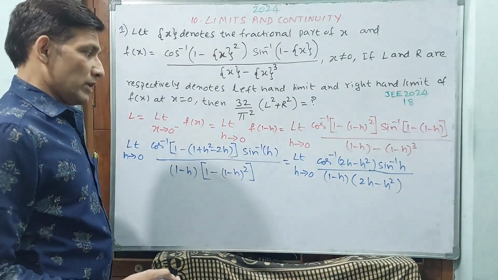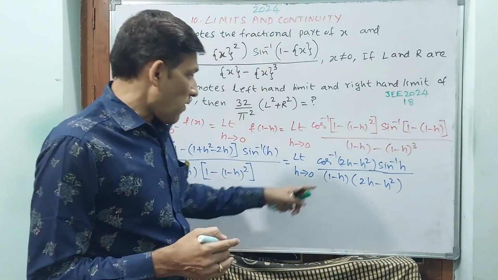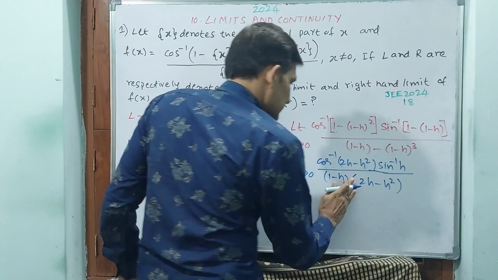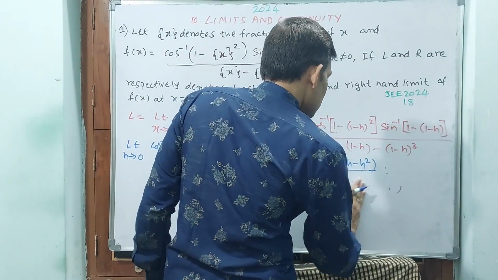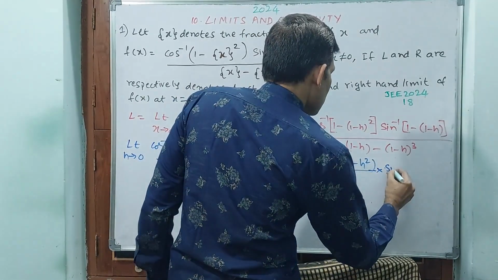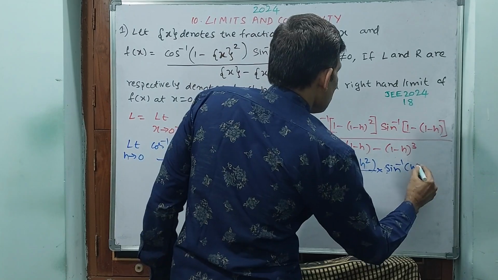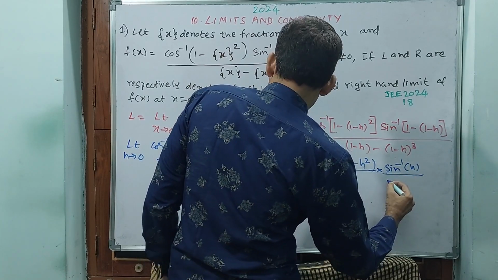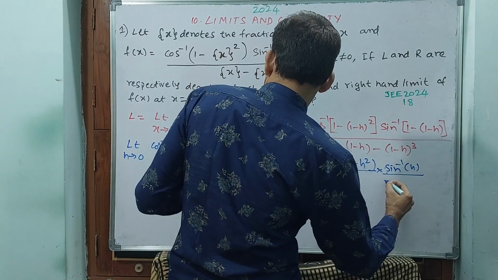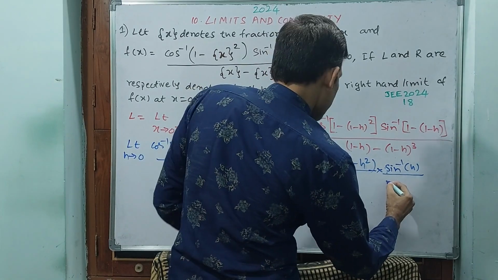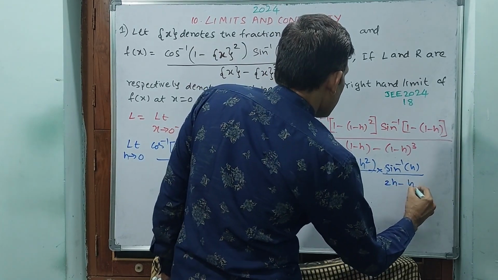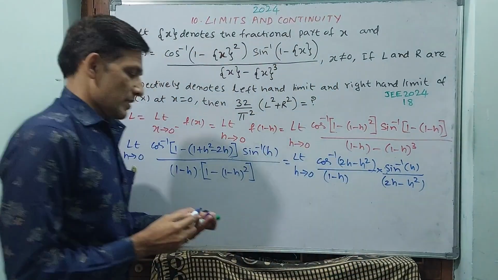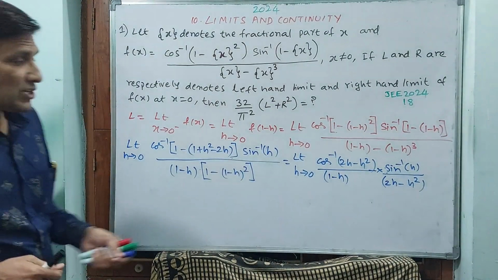Now see what I am going to do. I am separating this limit: sin inverse h by h into 2 minus h. See, partially I am applying the limit.